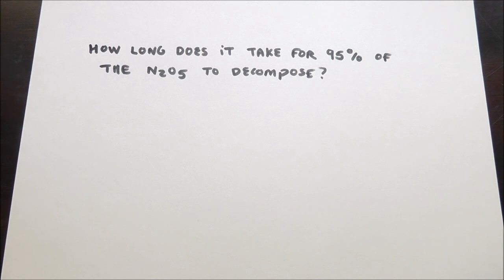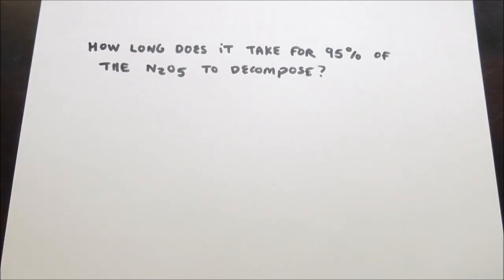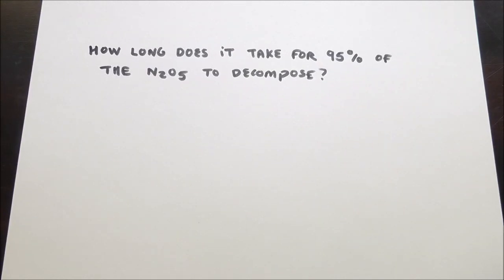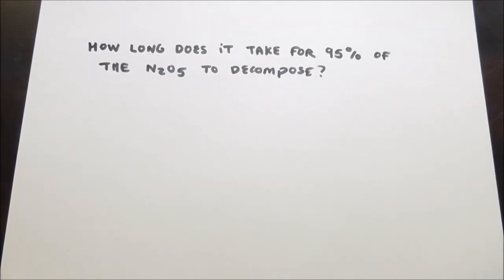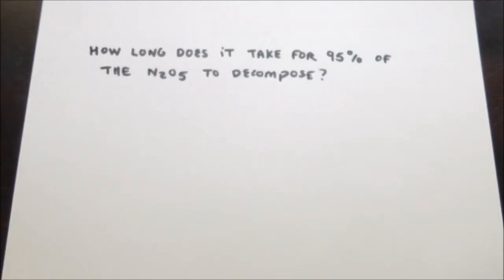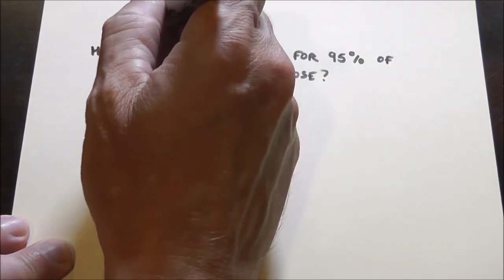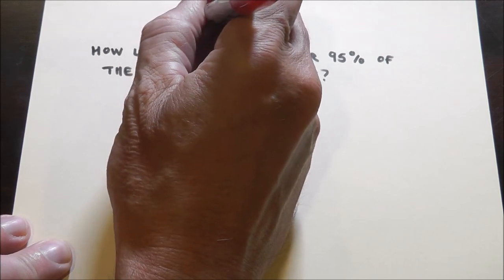All right, so let's consider this to be an add-on to the last problem, where they gave us the k, and they're going to ask how long. Once again, how long is going to be a t. I need to solve for t.